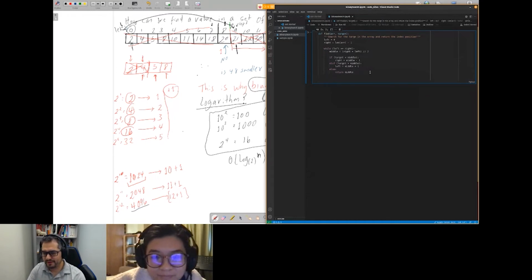Now, what happens if the loop goes on and on and on, and it never returns? What does that mean? Diana said not found. It's not found. And what are we going to return if it's not found?